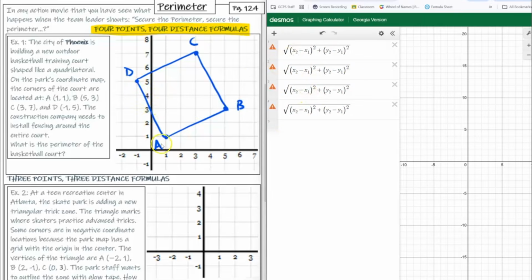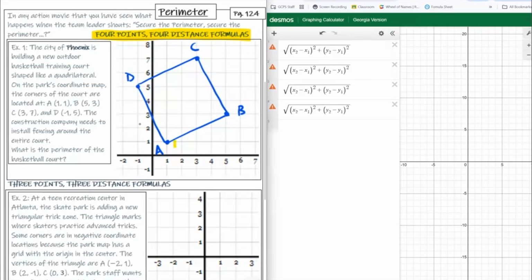So what I need is my labeled points. So A is 1, 1. So I'm trying to find the distance between, let's go with AD. So I need A and D. So I guess it's actually better to just go ahead and write it in. D is negative 1, 5. C is 3, 7. And B is 5, 3.